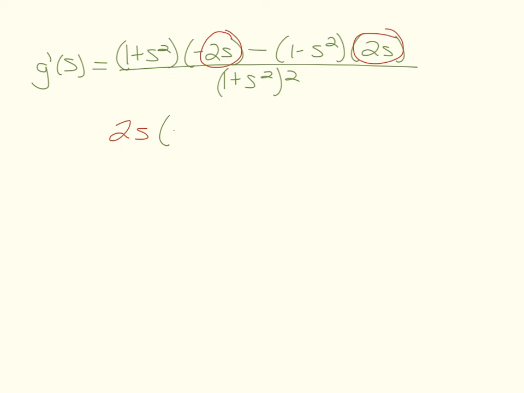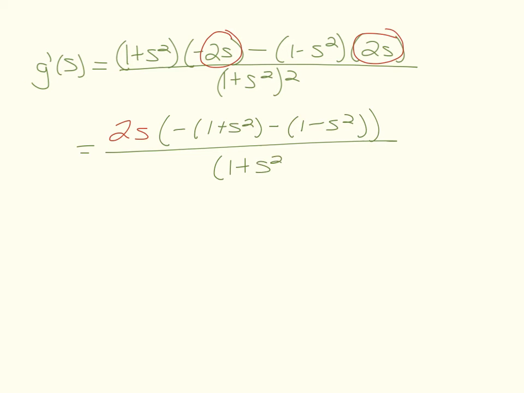And that leaves us with a negative 1 plus s squared minus 1 minus s squared. That is still over 1 plus s squared, squared.